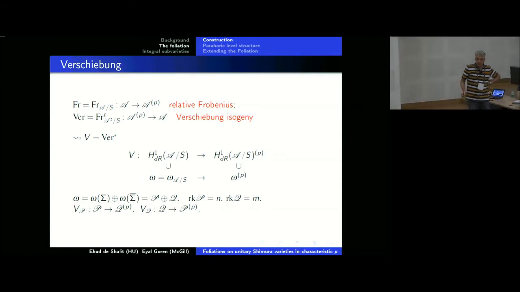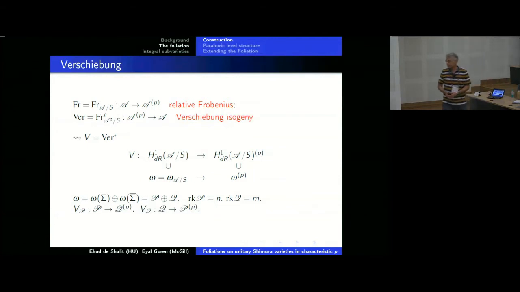And V, if you follow the way it commutes with endomorphisms, should map P to the p-transform of Q and Q to the p-transform of P. So V is an n plus m times n plus m matrix, but it's really given by two blocks, one of size n times m and the other of size m times n.